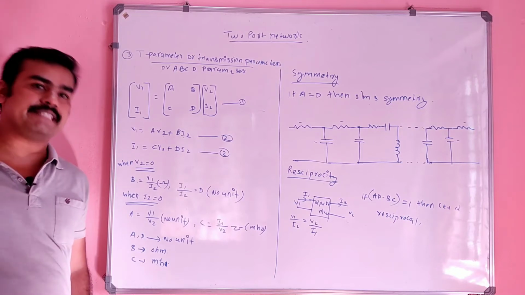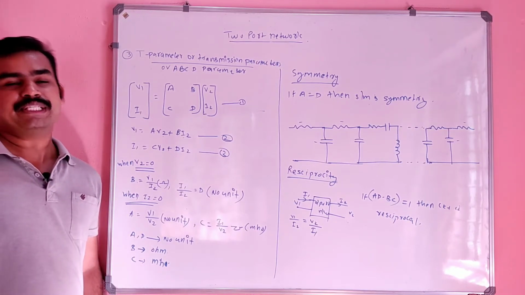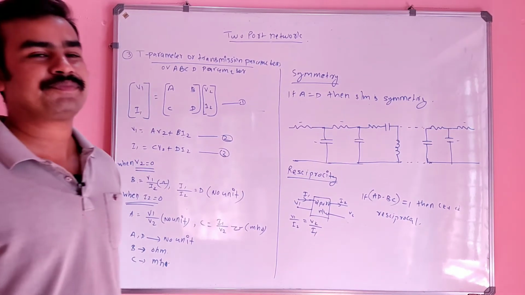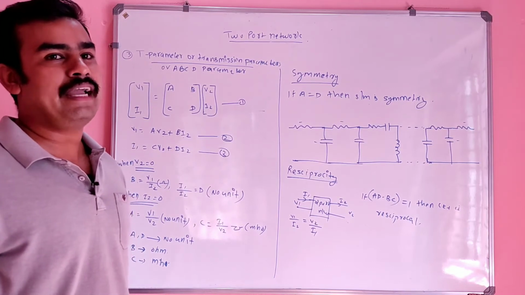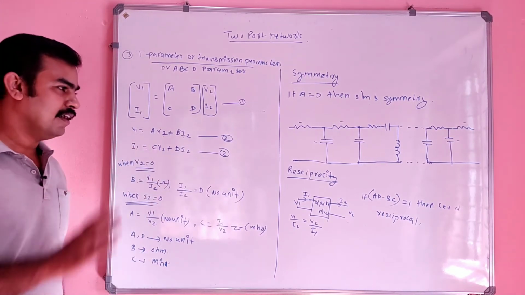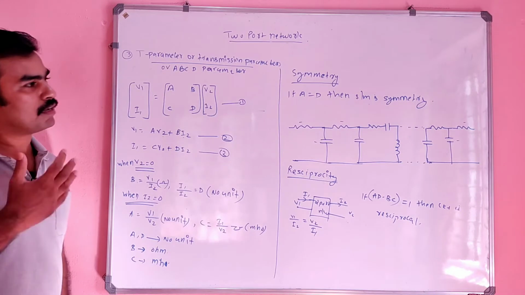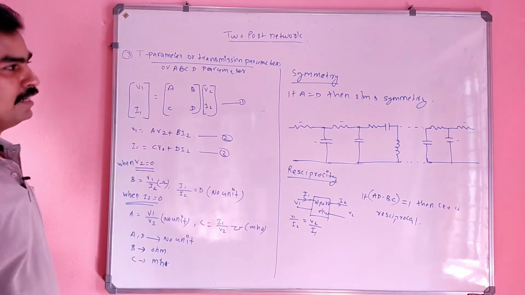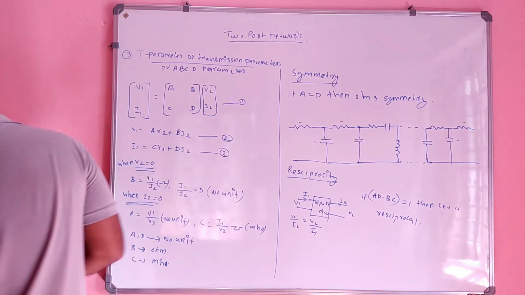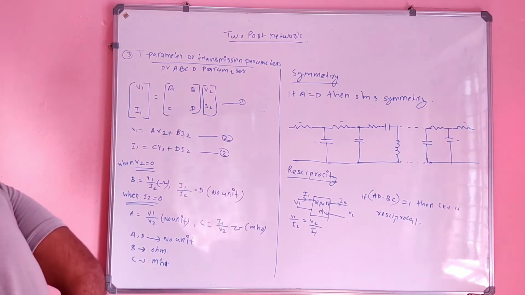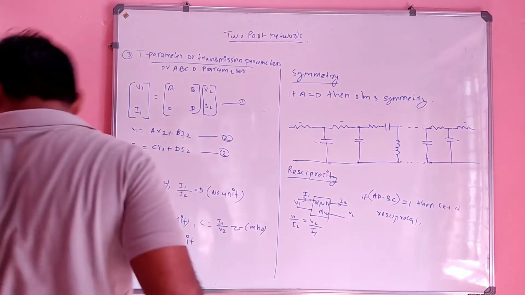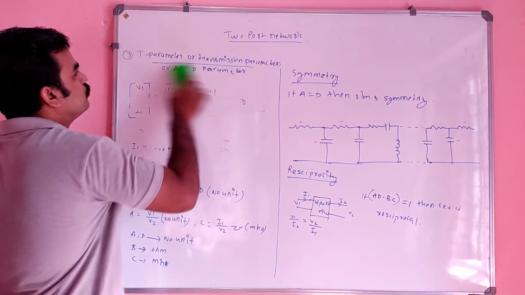Is it clear? Okay. So that's all about the ABCD parameter or transmission parameter, and symmetry and reciprocity conditions. Can we move to the next session?